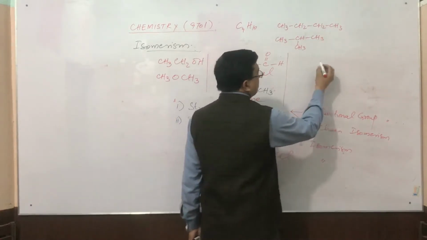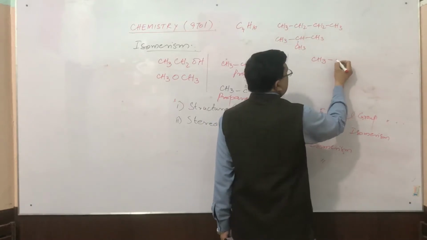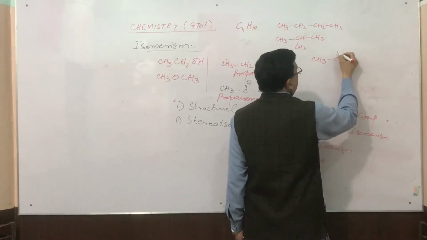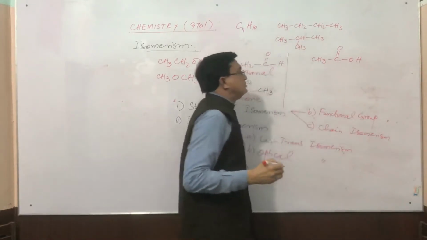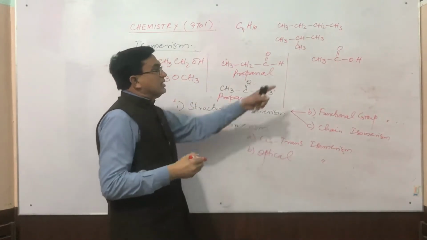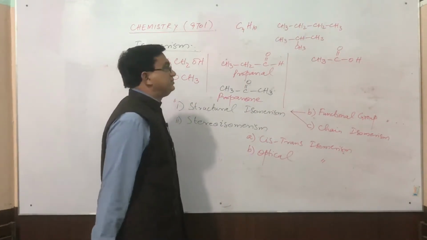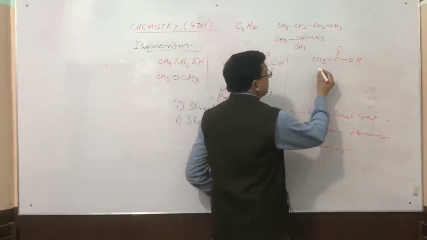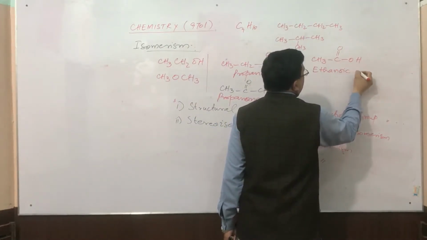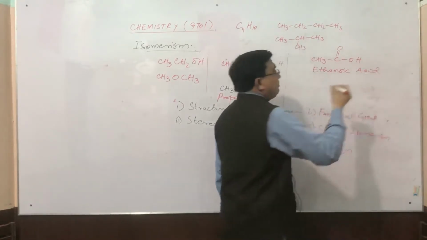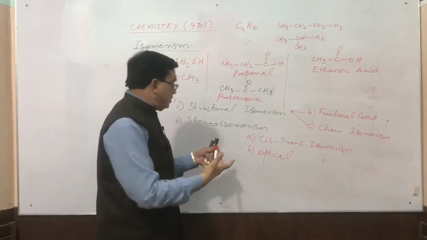The third example is CH3COOH. This is ethanoic acid. But if I replace some of the atoms in it, I can create a new functional group.